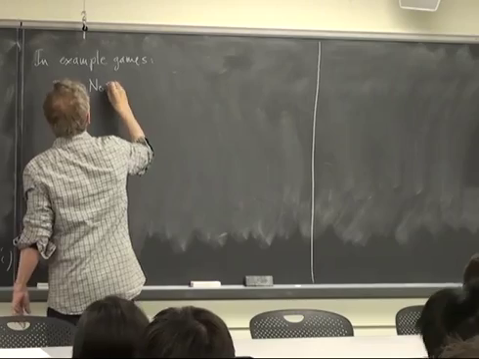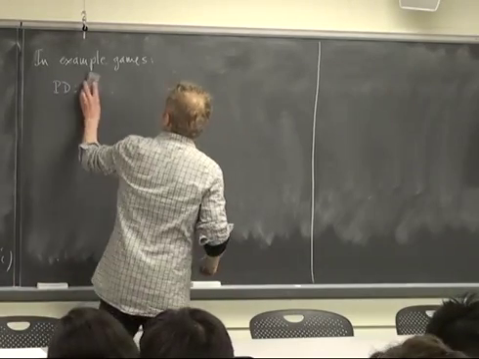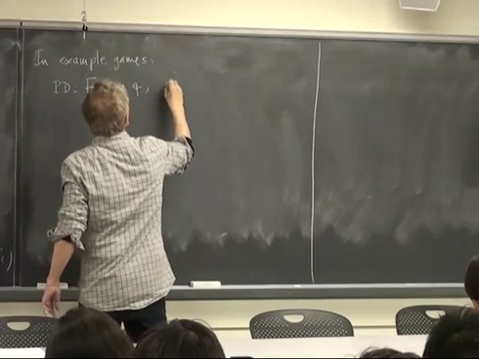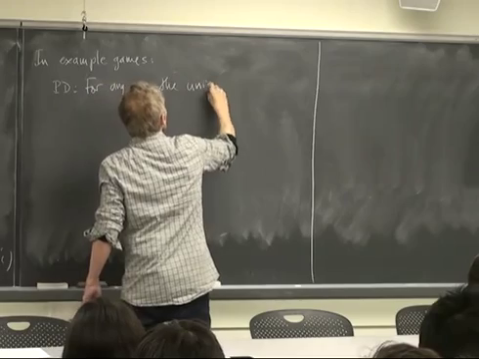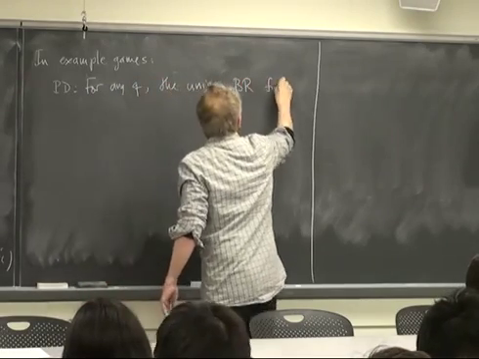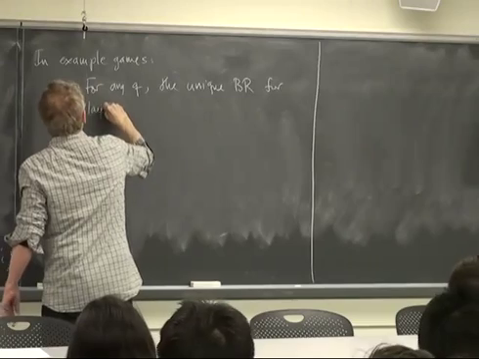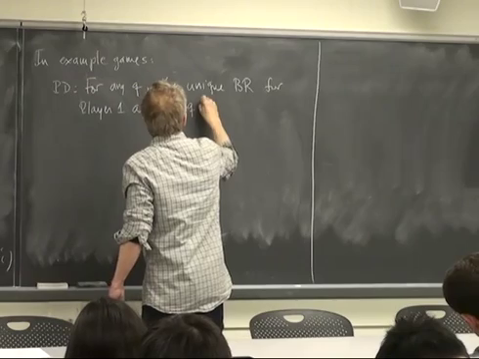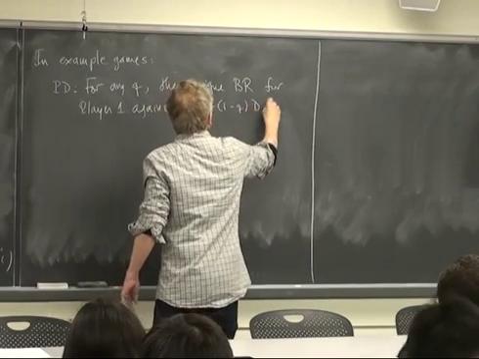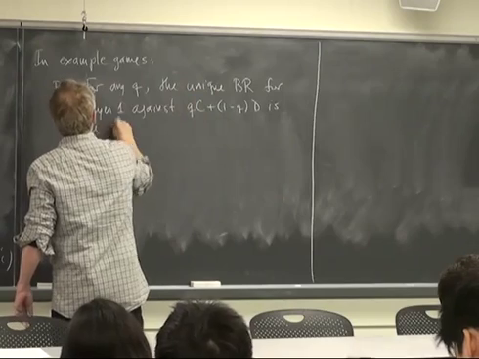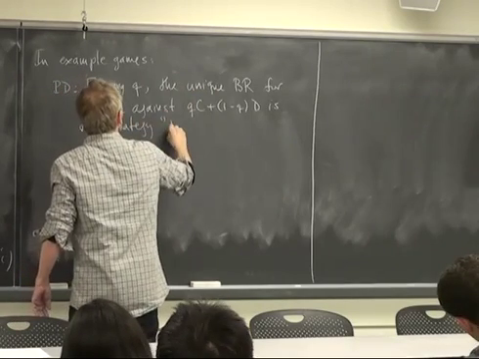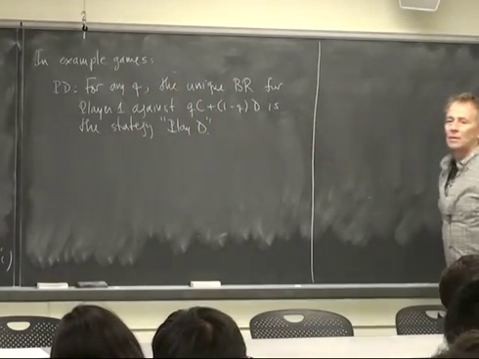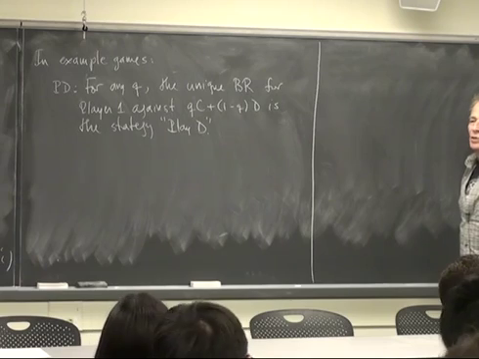So no matter what, and actually let's state it in a positive way: for any Q, the unique best reply for player 1 against QC plus 1 minus QD is the strategy, quote unquote, play D. And here I'm drawing the distinction between action D and strategy play D.